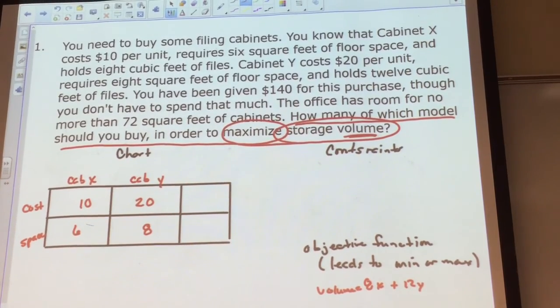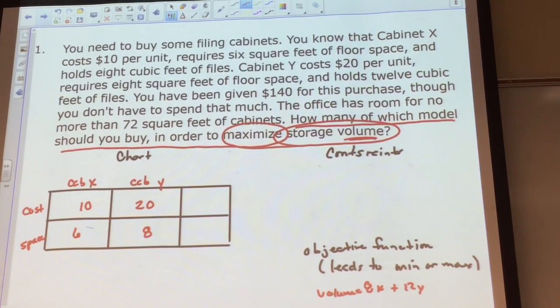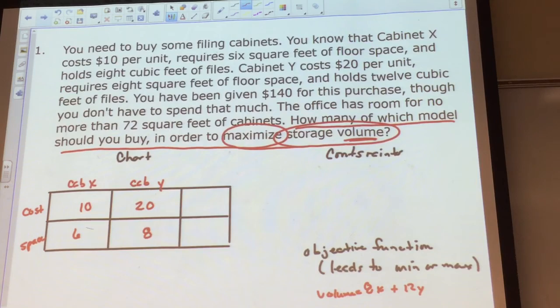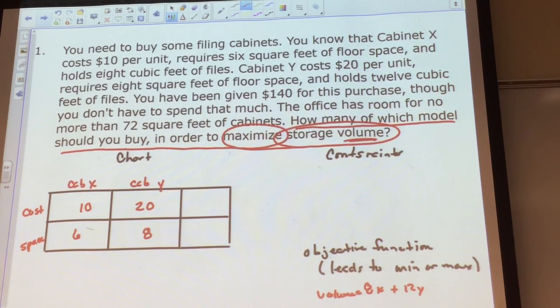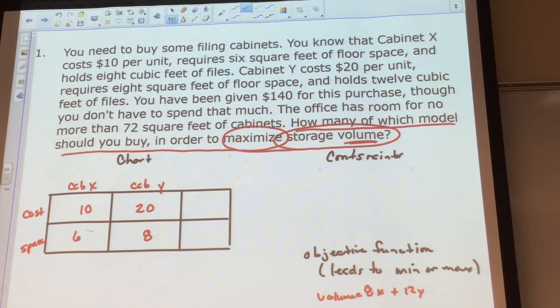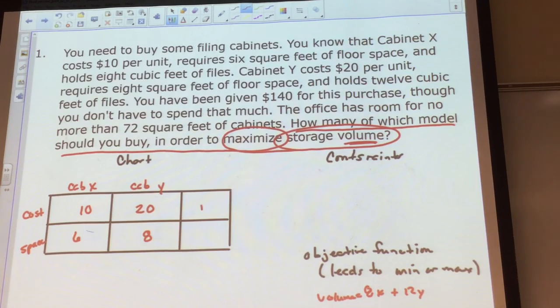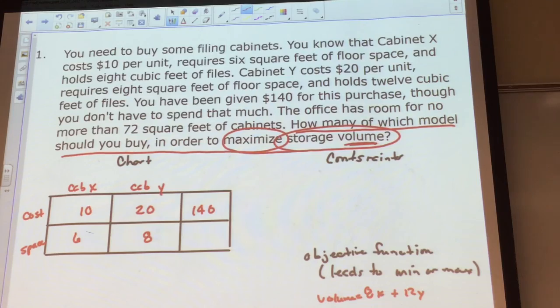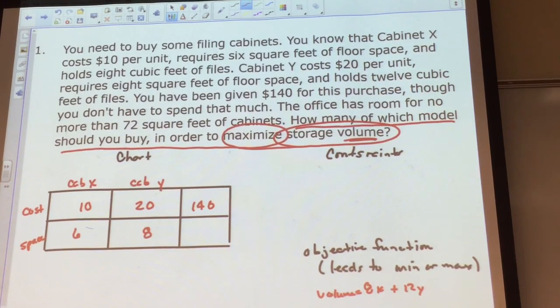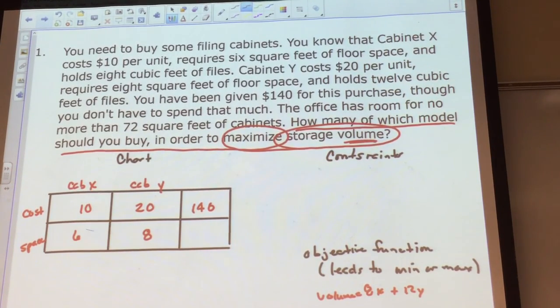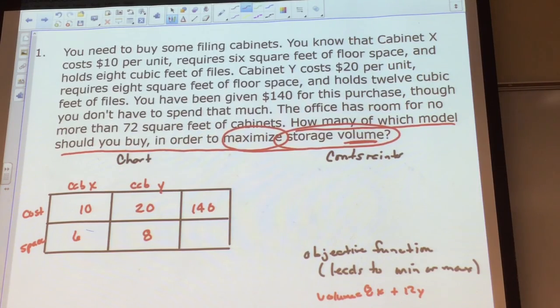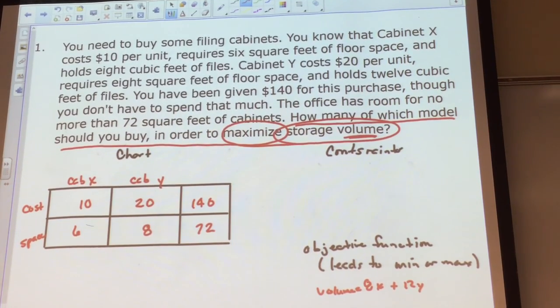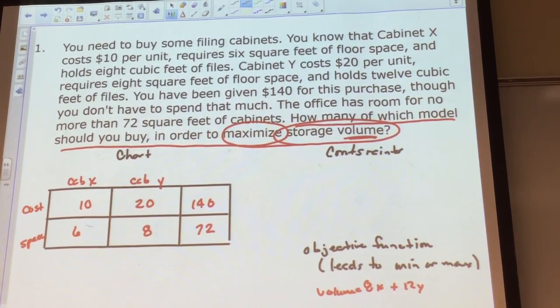But see, the totals were kind of deceptive because there's a total for volume, and there's a total for space, and there's a total for cost, and so on down the line. But here, now we know that the cost is $140. I have no more than $140 to spend. And I got an office that's kind of small, and I only have room to be able to put 72 square feet of cabinets.